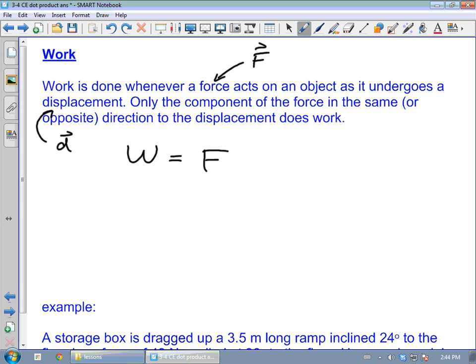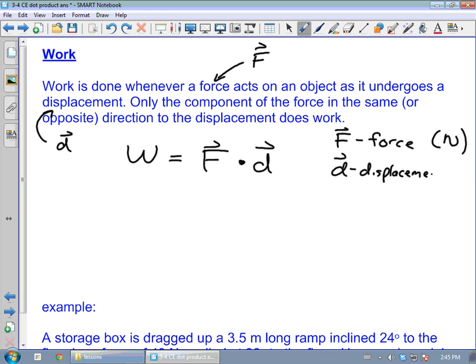So our work is just the dot product of our force and our displacement, or F dot D, where F is our force measured in newtons, D is our displacement measured in meters, and W is the work, and work is measured in joules.